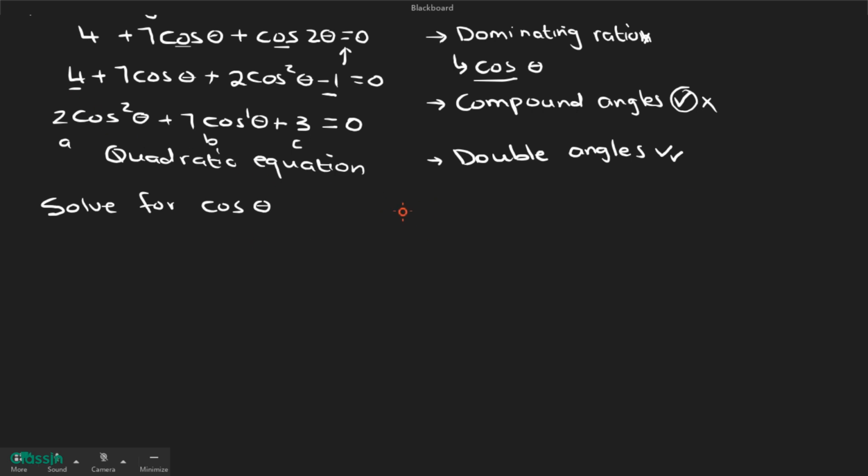So this means that if we let cos theta equal x, then from the general quadratic formula, we know x equals minus b plus or minus the square root of b squared minus 4ac, all over 2a.